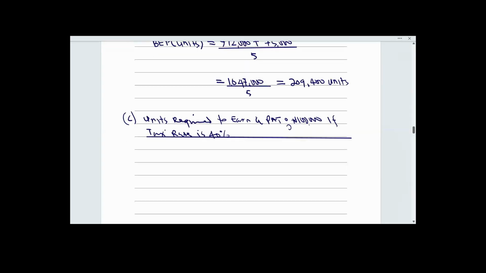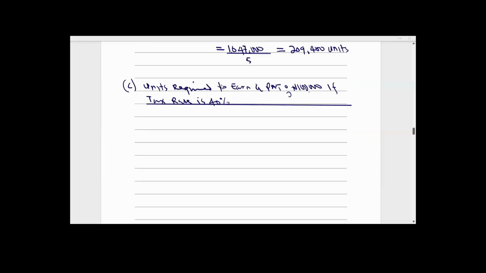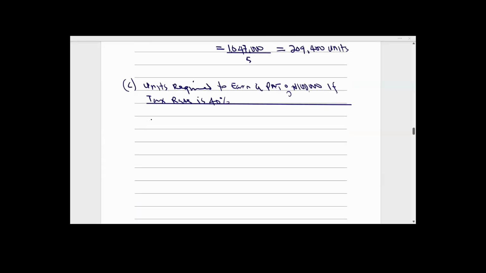So in this case, I would say break-even points in units equal to fixed cost plus targeted profit.